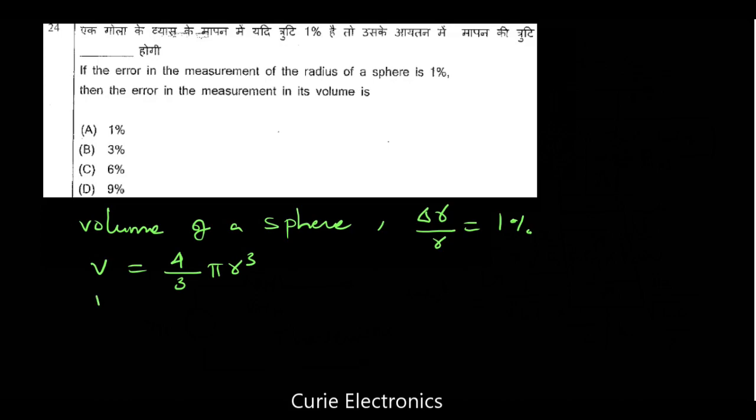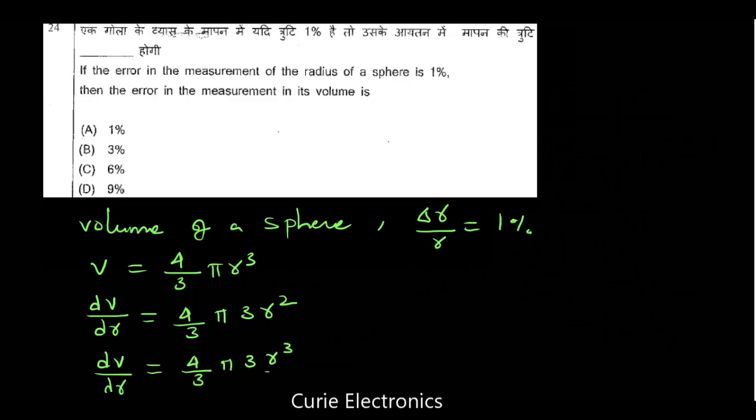Then what we get with respect to r, dV upon dr equals 4 by 3 pi 3 r square. Now I'll write again dV upon dr equals 4 by 3 pi 3, and I'll multiply and divide by r, so I'll get r cube upon r.